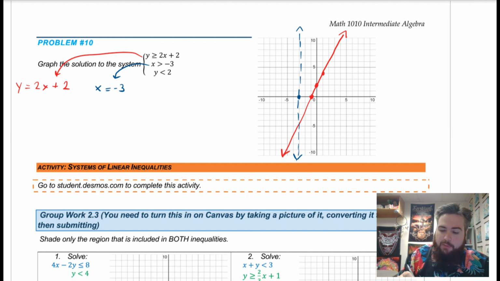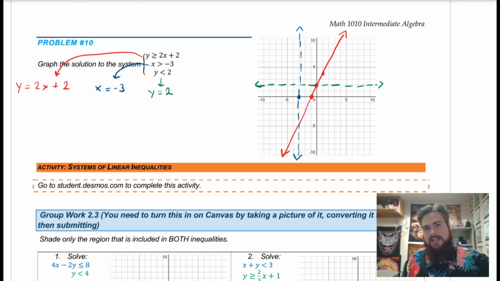And lastly, we have a third inequality, the equality version of which is y equals 2, a horizontal line through y equals 2. Again, this one will be graphed as a dashed line because the inequality there is a less than sign, not a less than or equal to.